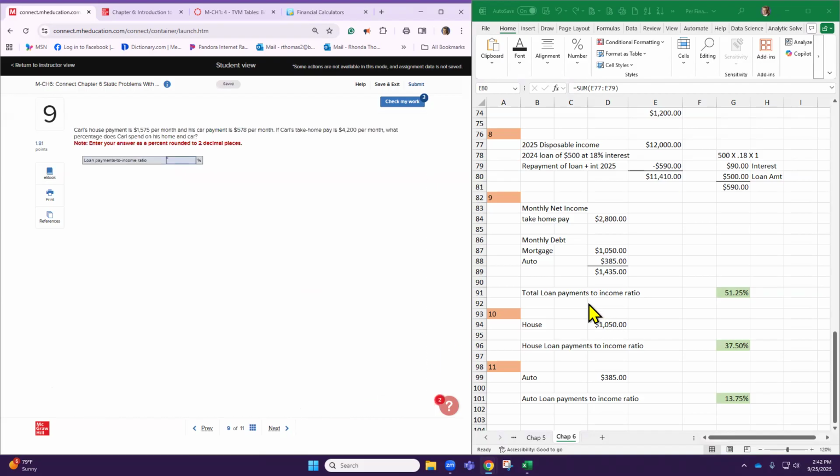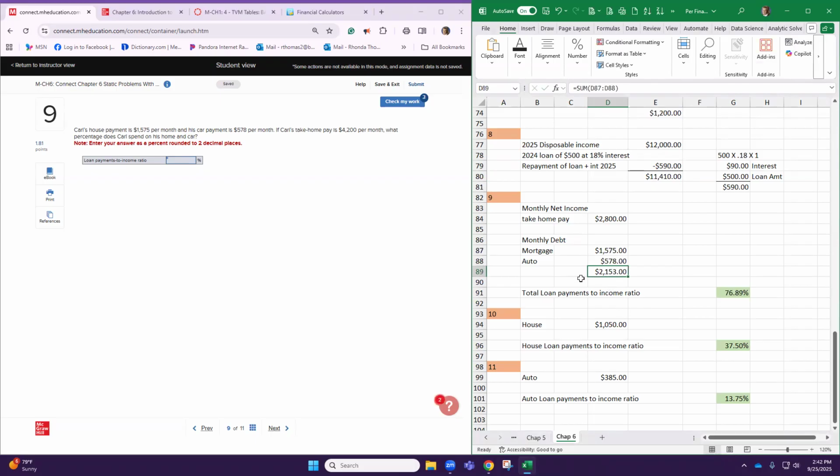Carl has a house payment of $1,575 a month, and his car payment is $578 a month. So he's got a mortgage that costs him $1,575 a month. His auto costs him $578.